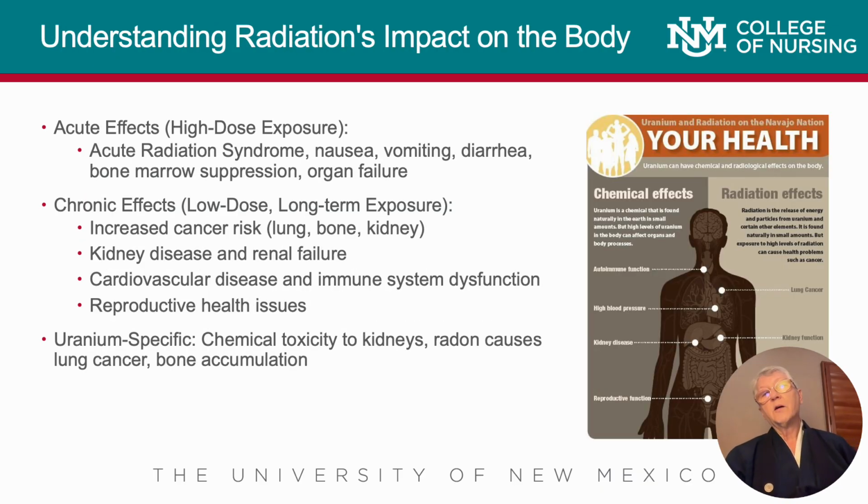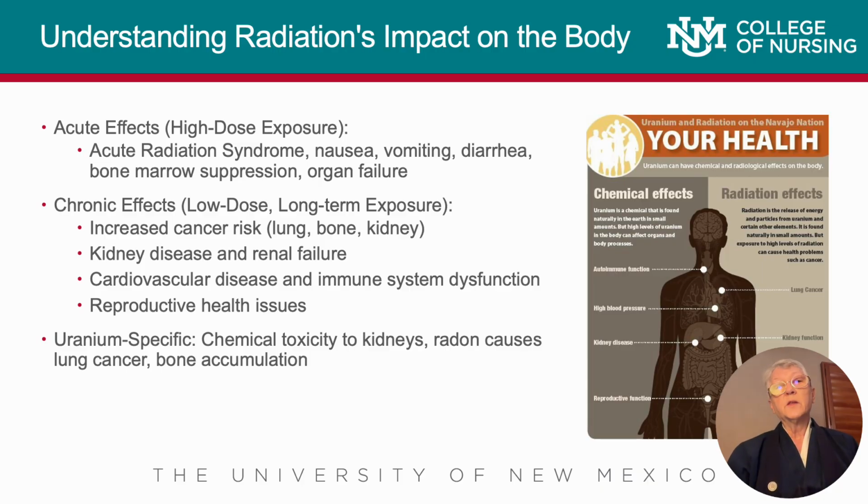Now, let's talk about what radiation actually does to the human body. With acute high-dose exposure, we see acute radiation syndrome, which includes nausea, vomiting, diarrhea, bone marrow suppression, and potentially organ failure and death. This is what happened to the scientists in the Los Alamos accident.